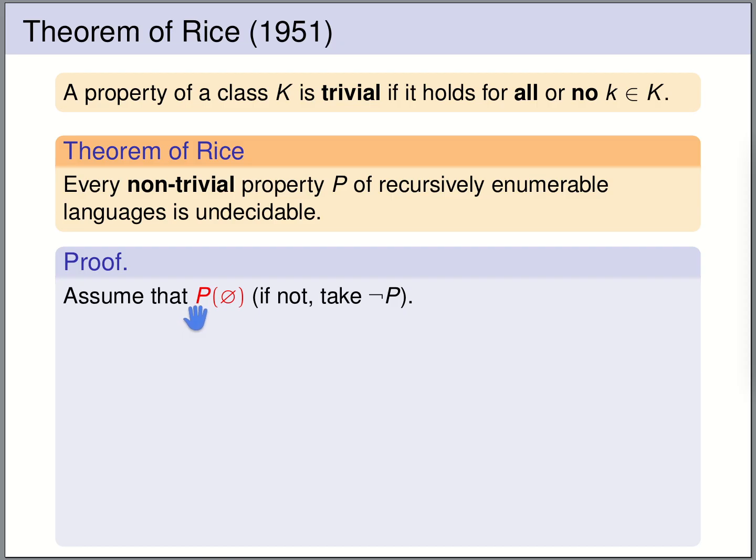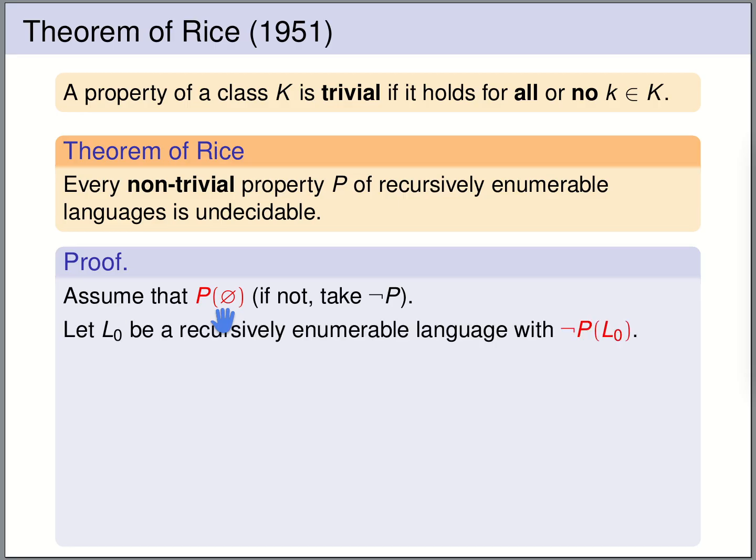So let's assume that P holds for the empty language. Since our property P is non-trivial, there's also some language for which the property does not hold. Let's call this language L0. So P holds for the empty language, but P does not hold for L0.